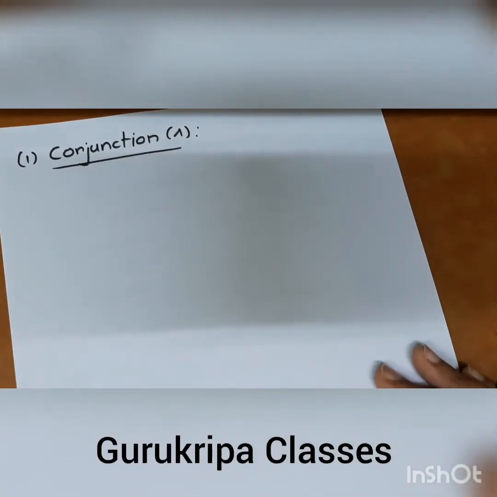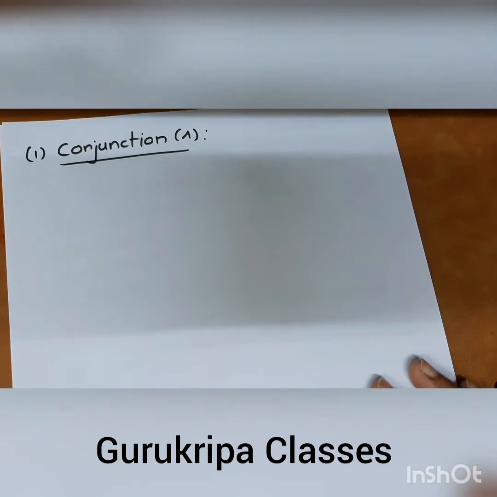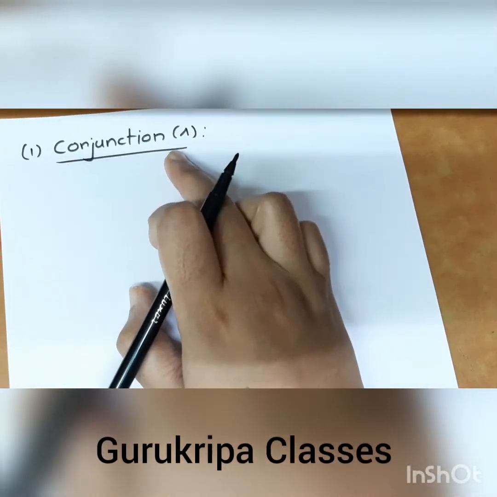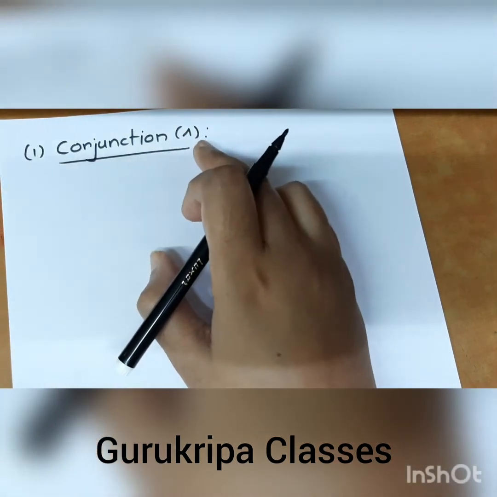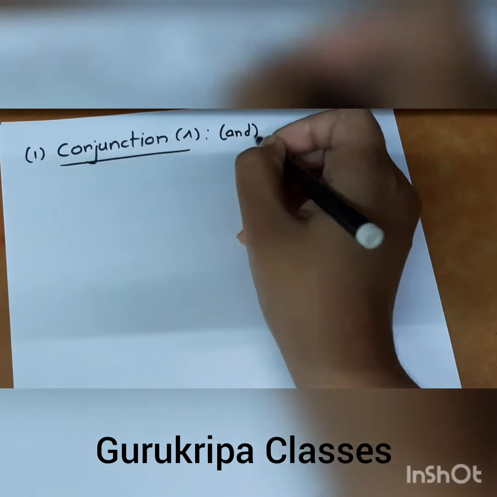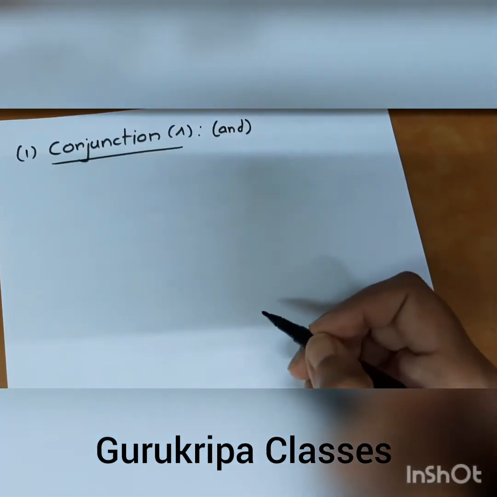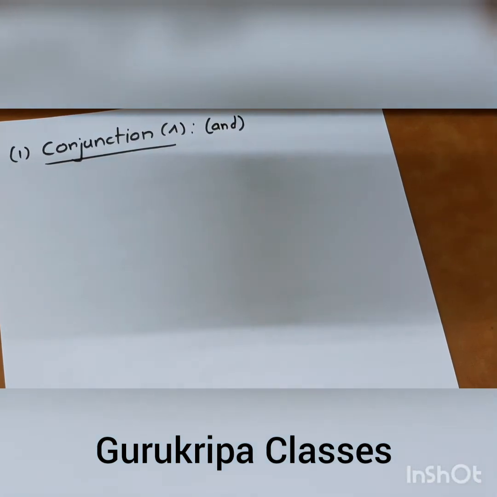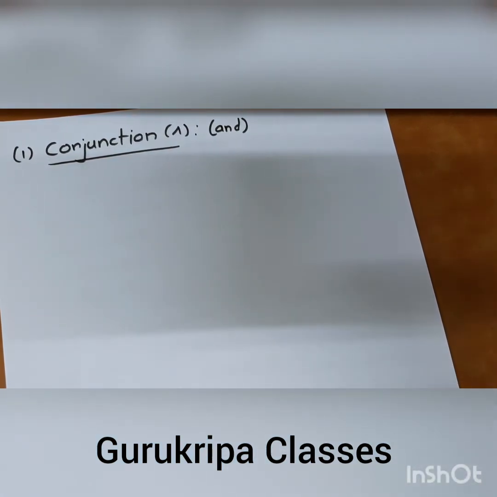See the first connective, which is nothing but conjunction, and it is denoted by this symbol, or we also say this as and. This is our first connective. Okay, so what is its definition? I am writing the definition.